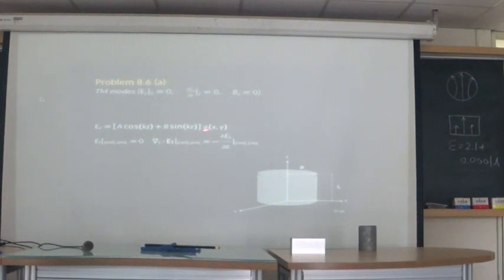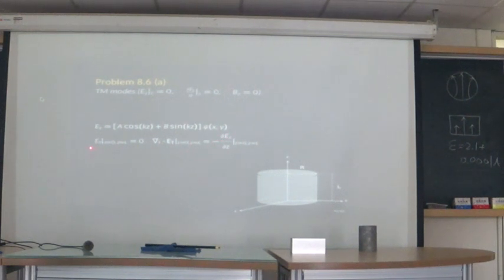From the boundary condition of this cavity, we know that at the end face, the divergence of the transverse electric field is equal to the z derivative of Ez at the end face.